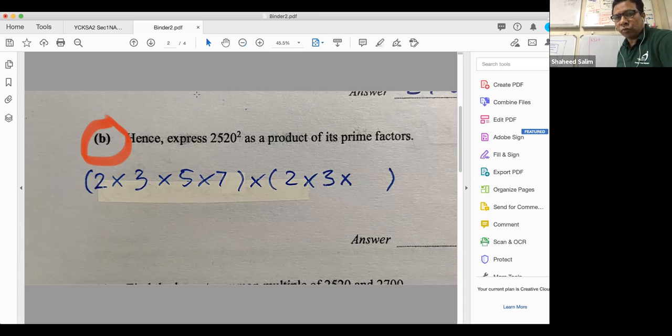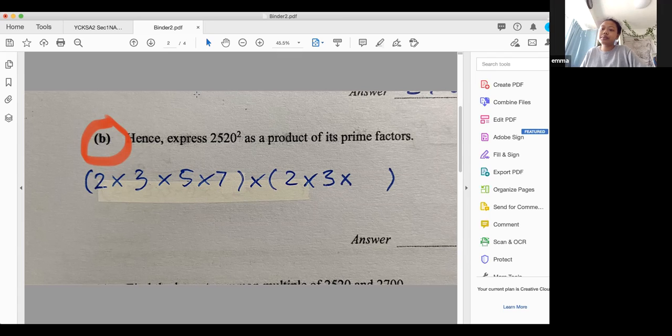But there's a 2520 squared, no? Which means this is 2520 times 2520. Again, I'm wondering whether this question paper accidentally put the square over there. That is the question, but let us see, okay? So 2520 times 2520, you can divide by 2. This becomes how much?